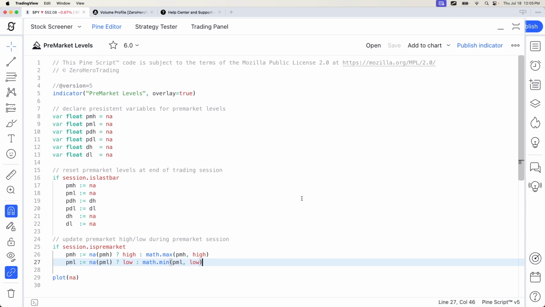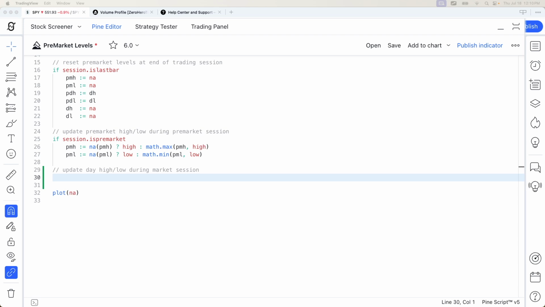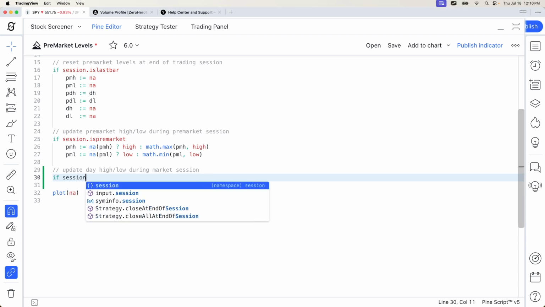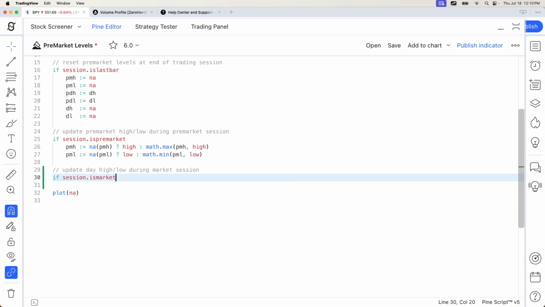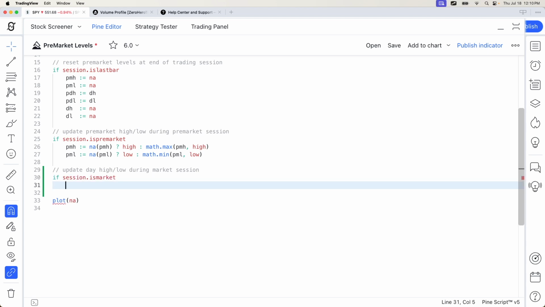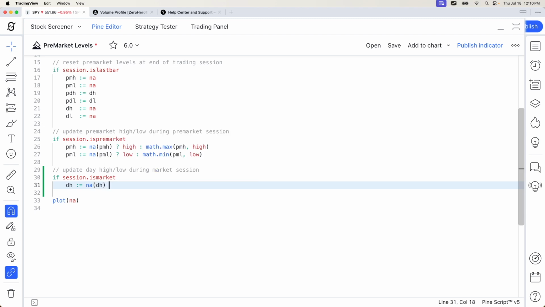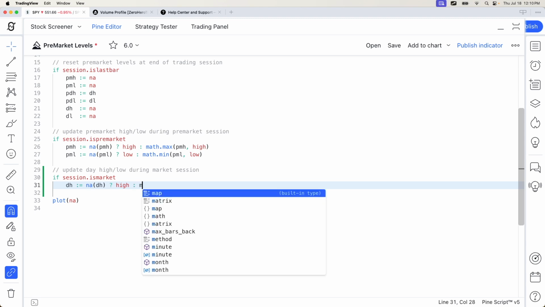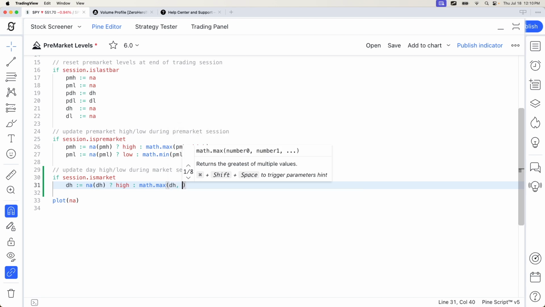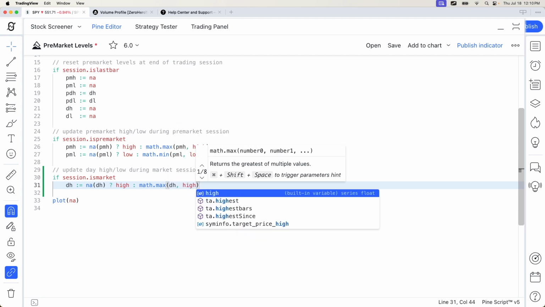No errors. Awesome. Finally, we need to update current day high low during the market session. So if session.ismarket, our current day high, DH, should be equal, if it's null, it will take the value of the current high, else it will be the maximum of its current value and high.